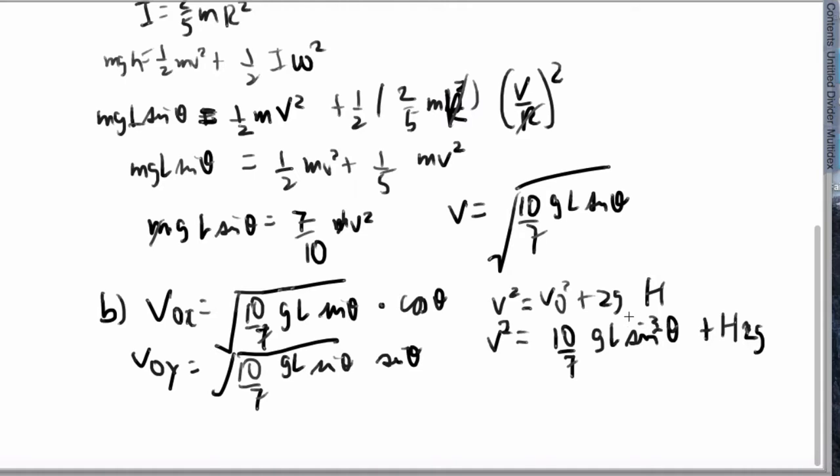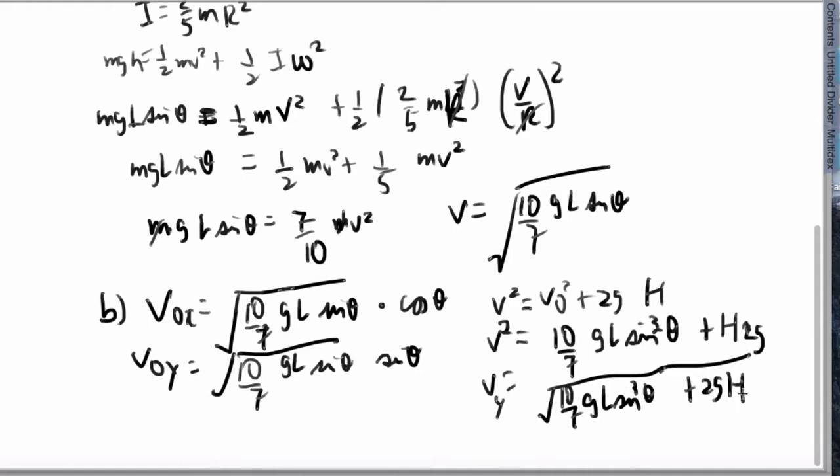And so to get the time it takes to hit the ground, the v when we hit the ground in the y direction is 10/7 gl sine cubed theta plus 2gh. And so this is v naught y, this is vy, this is v in the x direction here.